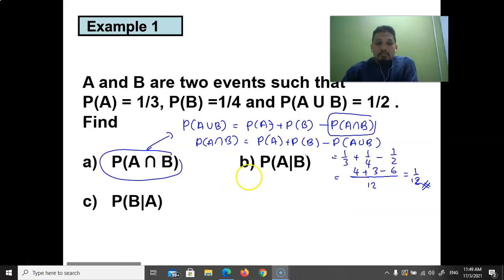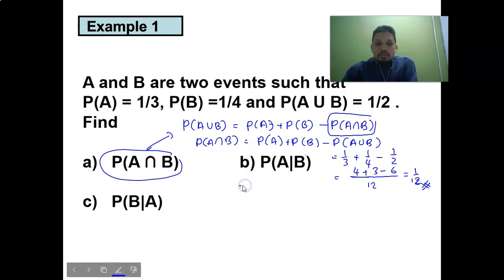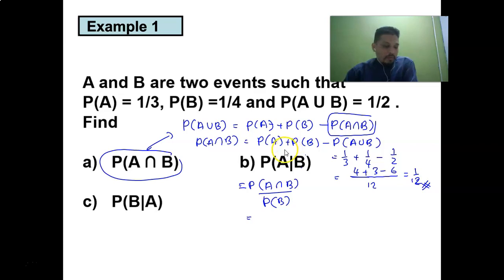And then probability of A given B. For this one here, it is probability of A intersect B divided by the probability of B. A intersect B, we have found it first one here. It is 1 over 12.